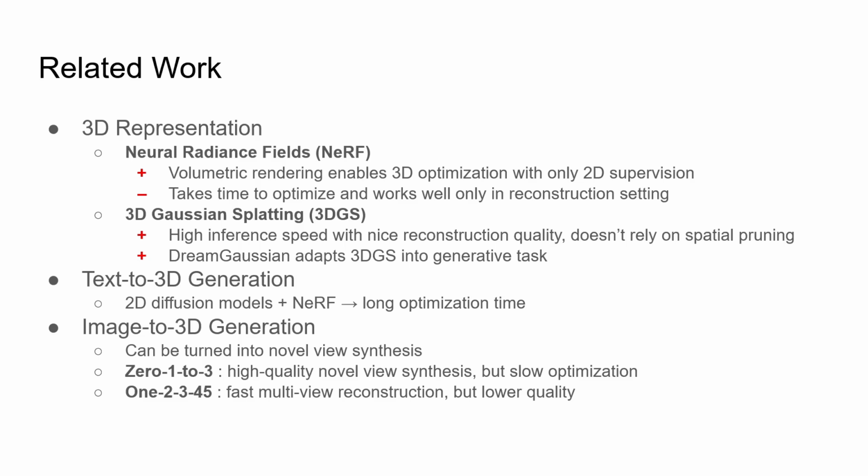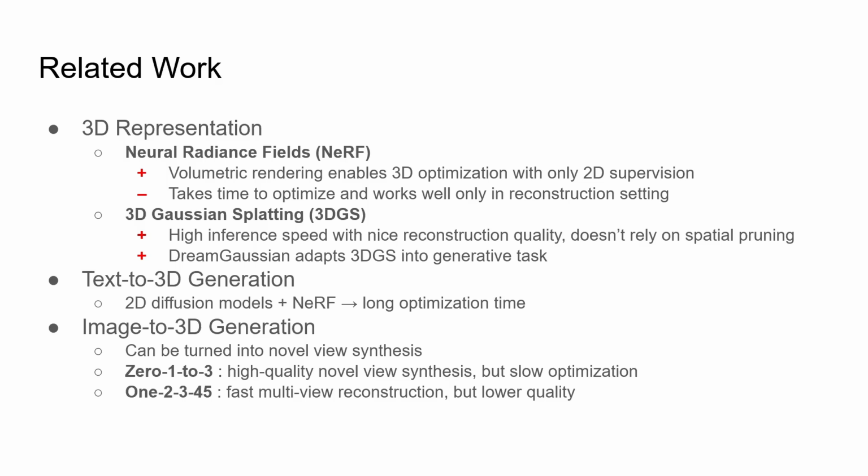However, the optimization is slow, which is not suitable for real-time applications, and NeRF excels in reconstruction settings but not in generative settings. 3D Gaussians is an alternative representation that is known for its speed and quality under a similar modeling type as NeRF without relying on spatial pruning. This work tries to adapt 3D Gaussians into generative tasks, unlocking its potential for creating new 3D content.